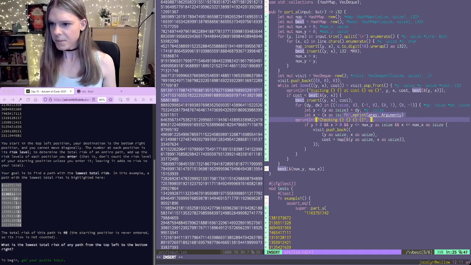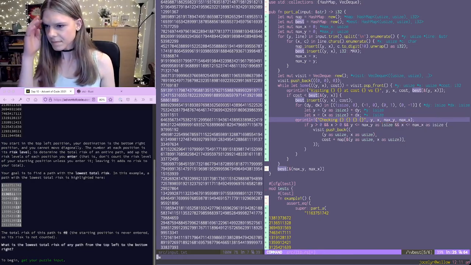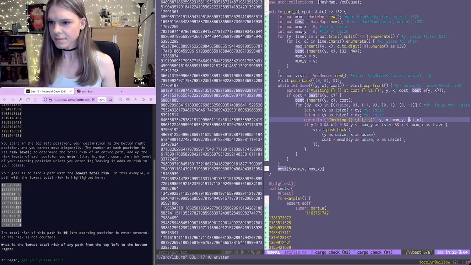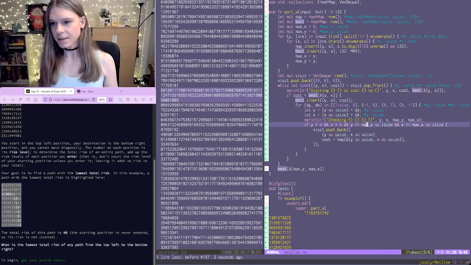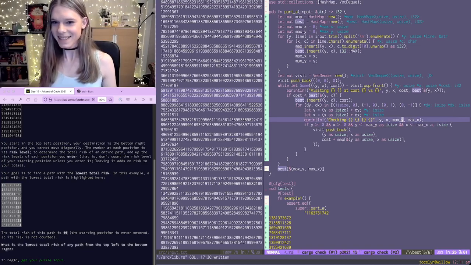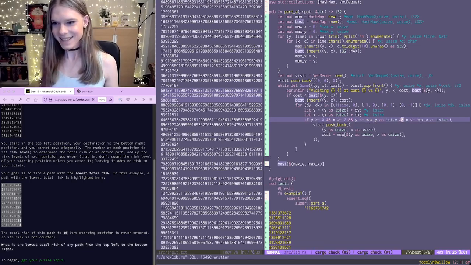So we're checking yx compared to max y, max x. Oh my goodness. This is just hilarious. Okay, the example passes.